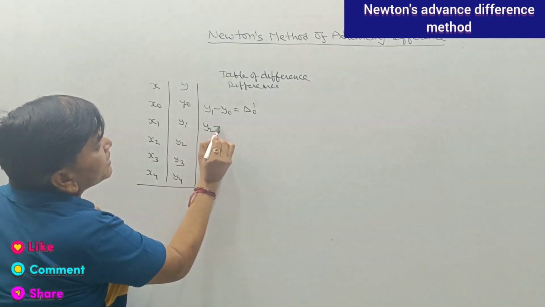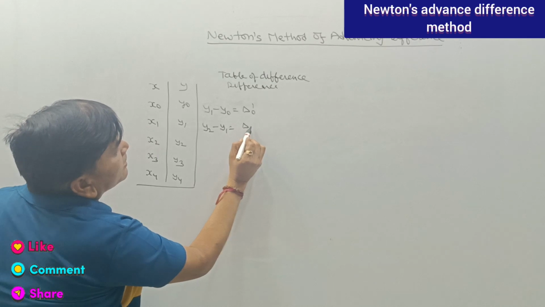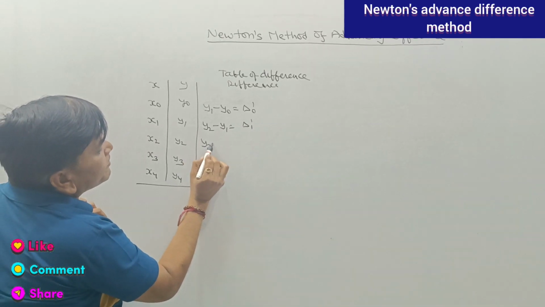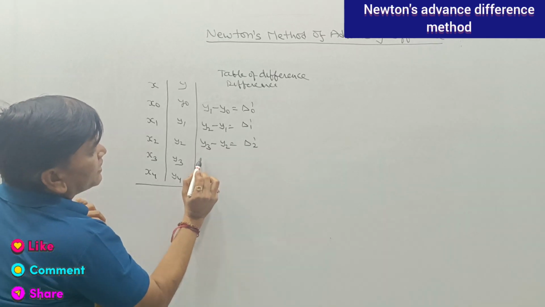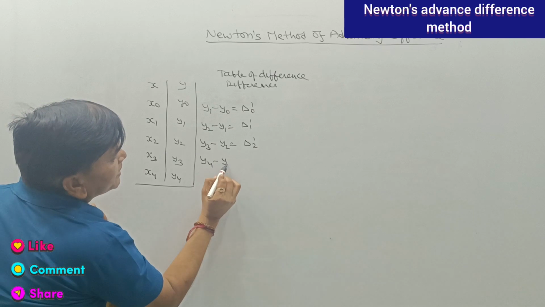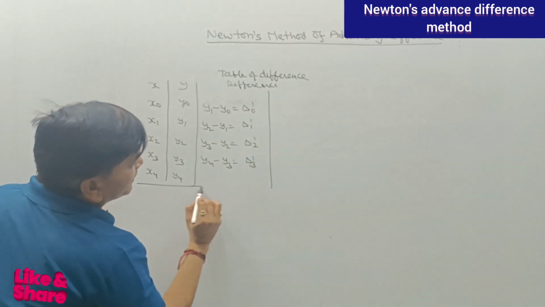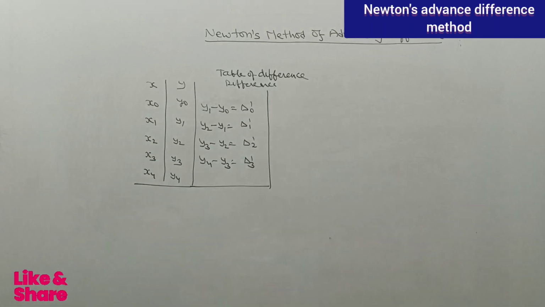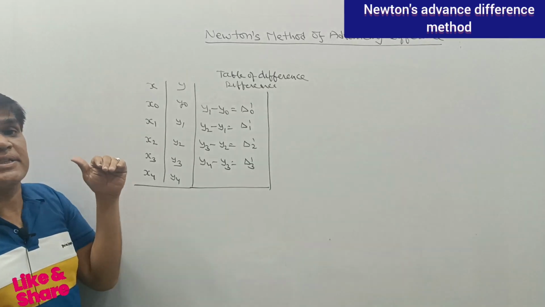Then y2 minus y1, that is called delta 1 1. Then y3 minus y2, that is called delta 2 1, and y4 minus y3, that is called delta 3 1. So this is the first difference.